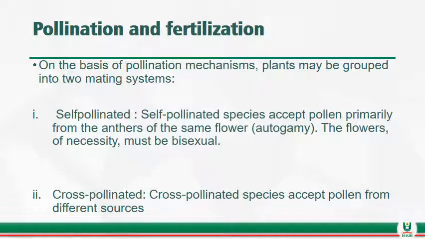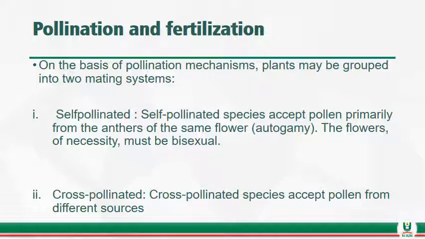Now, on the basis of pollination mechanisms, plants may be grouped into two mating systems. We have the self-pollinated plants and the cross-pollinated. So when something is self, that means it can fertilize itself. It occurs in plants, not in animals though. They fertilize themselves even before the flowers open.